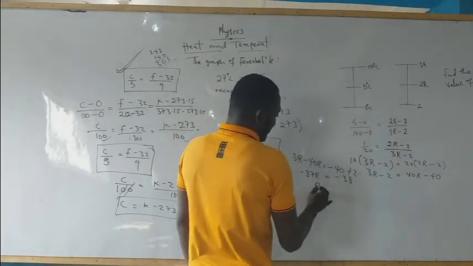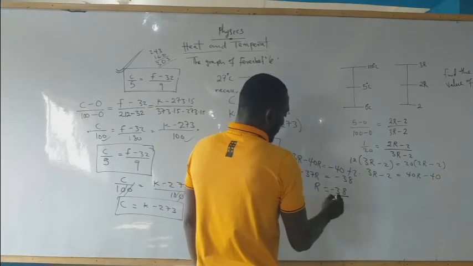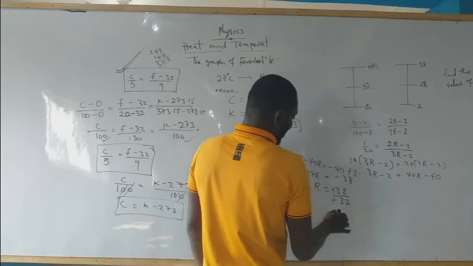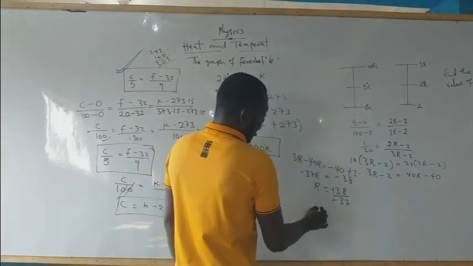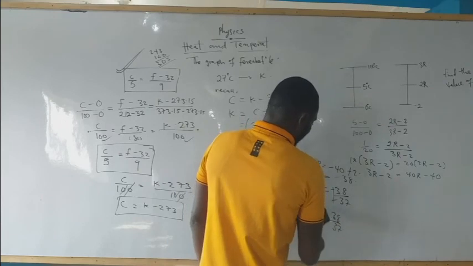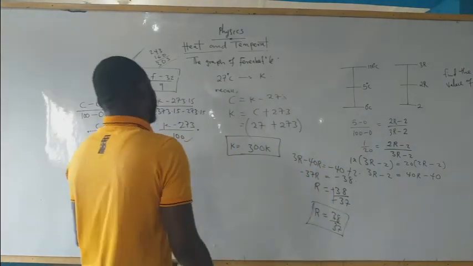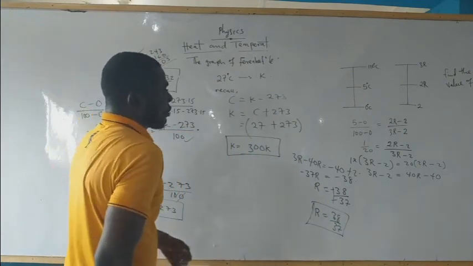So R will be equal to minus 38 upon minus 37. This and this will go. So R will be equal to 38 over 37. And that gives the value of R.